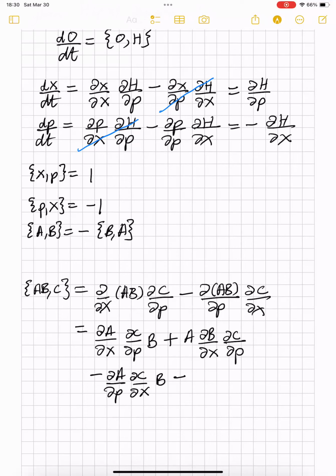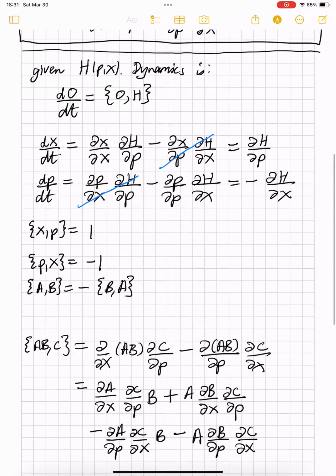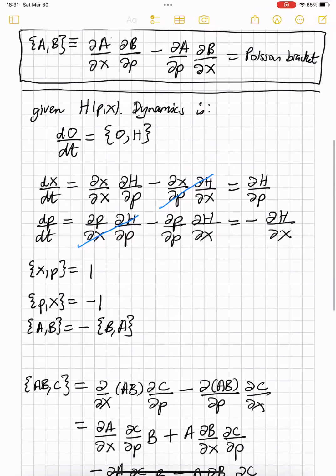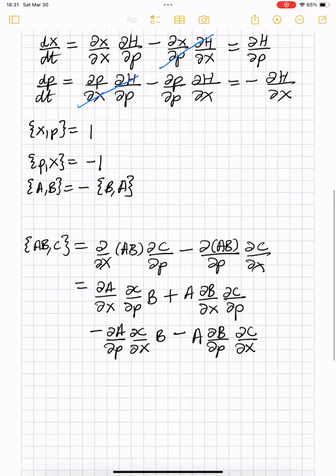And then next time, I'll leave the A alone, and I'll differentiate the B. If you again look at the box at the top of the page, I'm sure you can see the whole thing together, and identify this. Well, what have I got here? I've got the Poisson bracket of A with C multiplied by B plus A multiplied by the Poisson bracket of B with C. Okay, so let me rescue that formula.